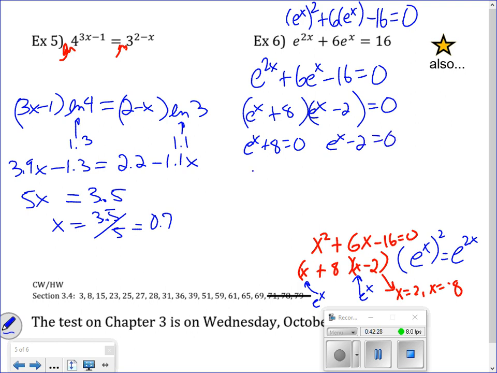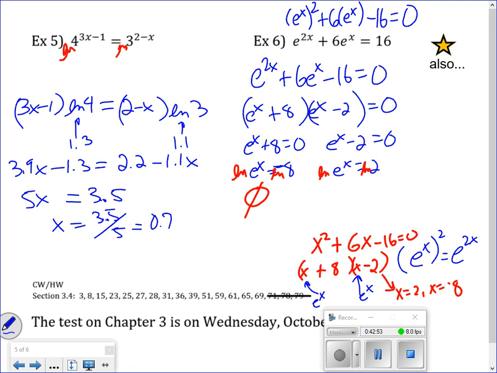So on the left, I get e to the x equals negative 8, and over here I get e to the x equals 2. Which one of these will I not be able to solve? Negative. So to solve these, I would say to myself, let me go ahead and take the ln of both sides. But can you take the ln of negative 8? No. So he's dead.